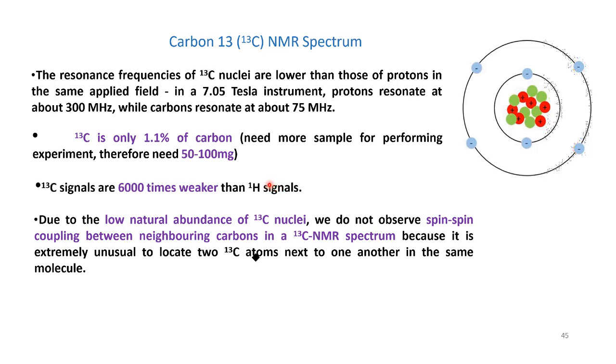Because of the low abundance, we do not observe much spin-spin coupling between the neighboring carbons, and therefore we cannot get a much better signal. However, in the case of hydrogen, we get a very good signal compared to carbon because it is highly abundant, the sample required is very little, and the signal is much stronger.